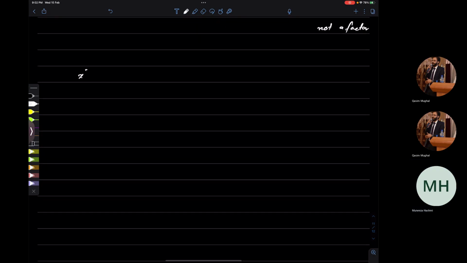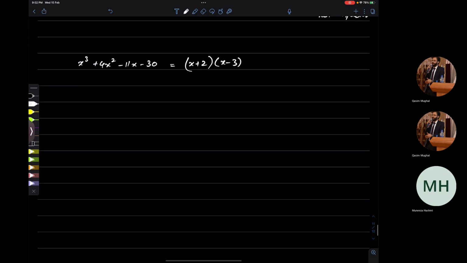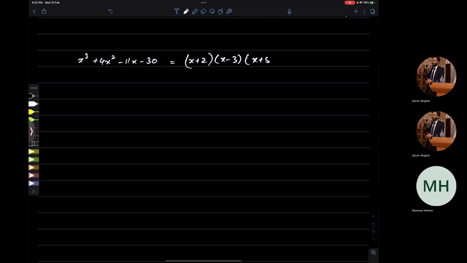For example, I have x cubed plus 4x squared minus 11x minus 30. Let's say it factors as x plus 2 times x minus 3 times x plus 5. These are all 3 linear factors of this cubic. Let's say I've got another polynomial, 2x cubed plus 3x squared plus 10x minus 6.